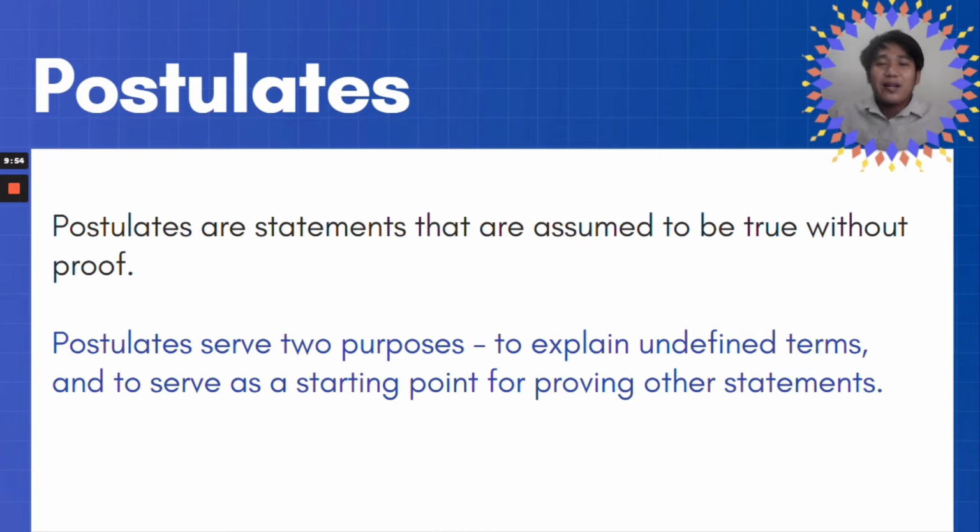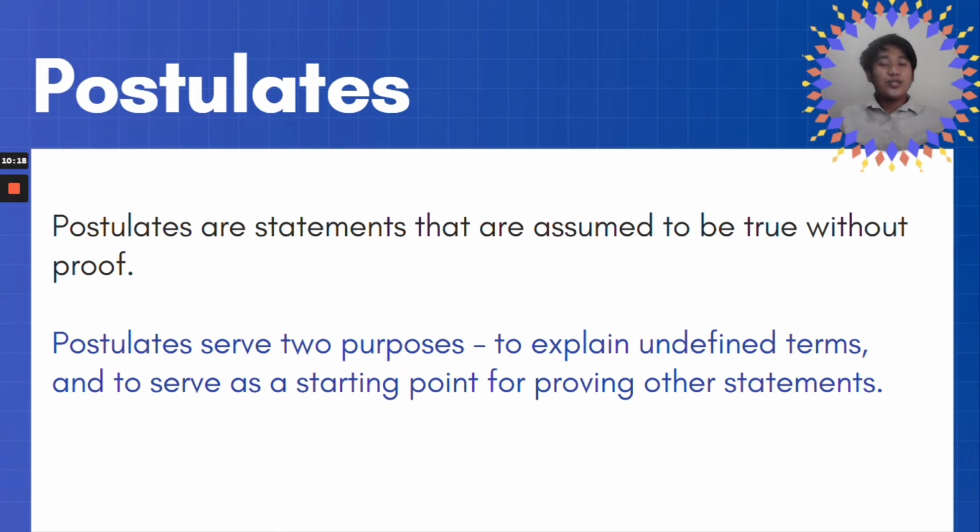Okay, now class, for the postulates. Postulates are statements that are assumed to be true without proof. Always remember that. Postulates serve 2 purposes. Number 1, to explain undefined terms. So we need these postulates to explain the undefined terms. Later on, I will elaborate.